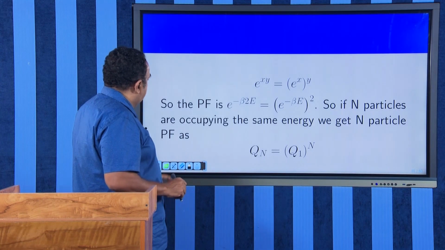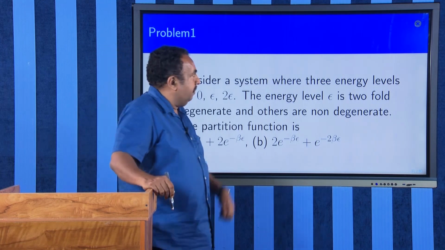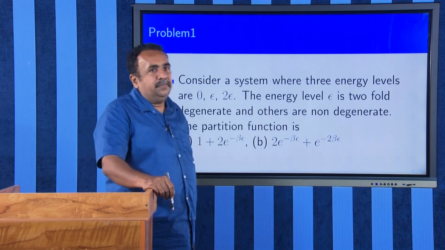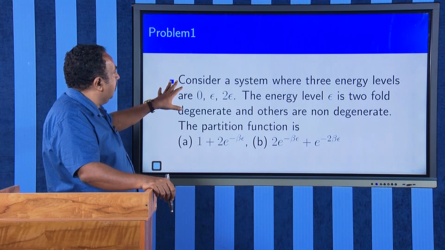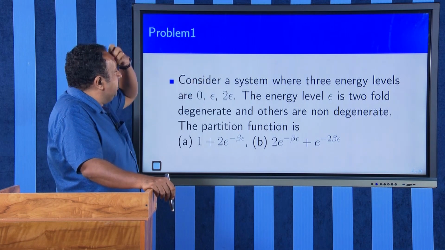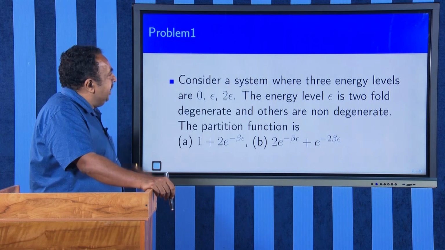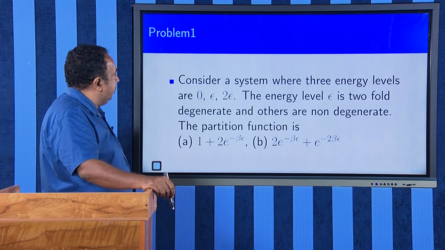Now we will start doing some problems, evaluating the partition function. Consider a system where three energy levels are 0, epsilon and 2 epsilon. The energy level epsilon is twofold degenerate and the others are non-degenerate.